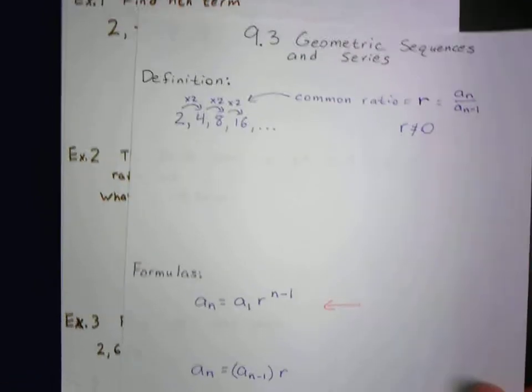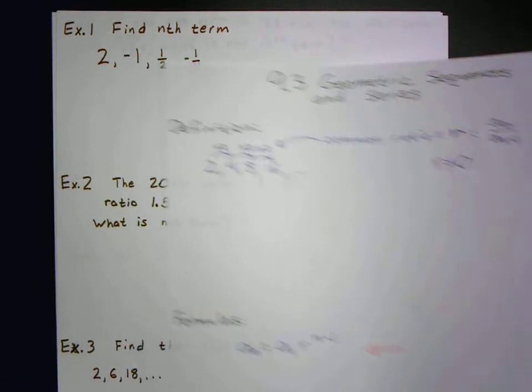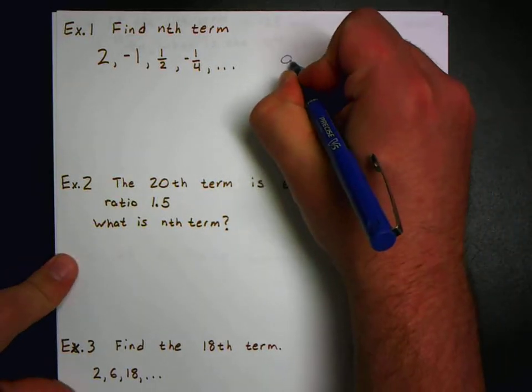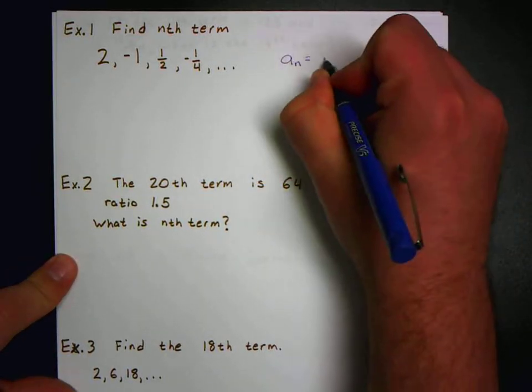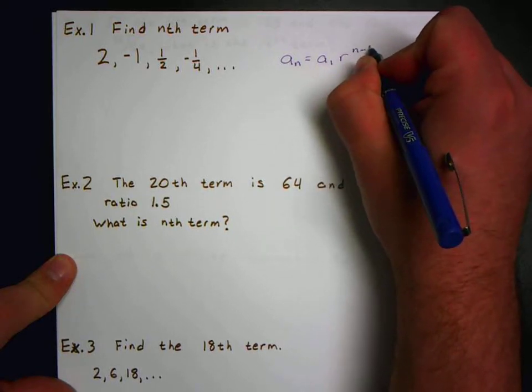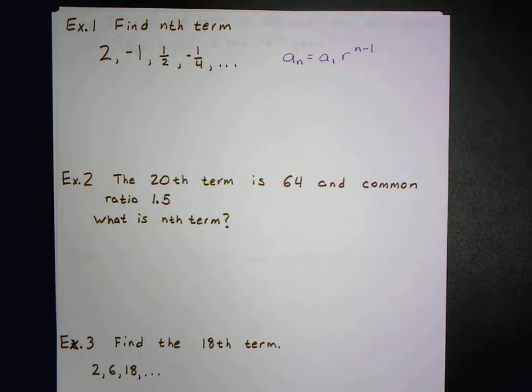All right, so let's go through some examples. So what we've done so far. Again, anytime they ask for the nth term, all you're really doing is finding the formula. All I'm doing is plugging numbers into that.